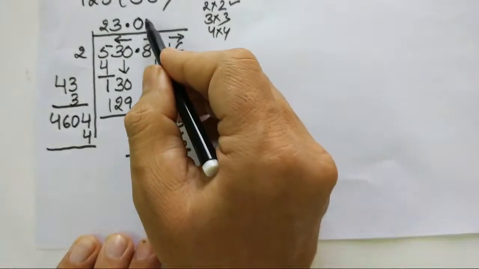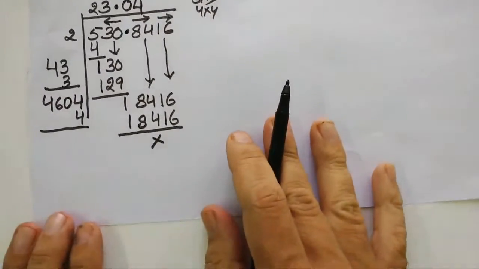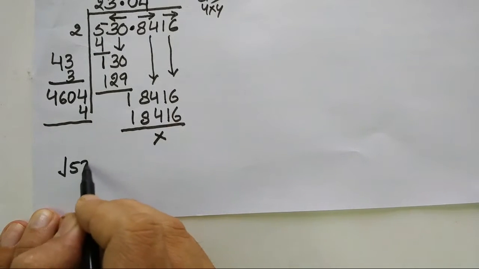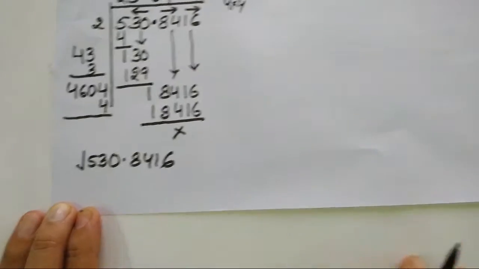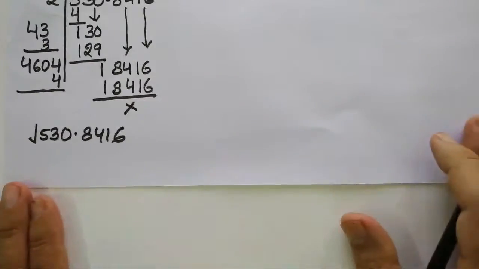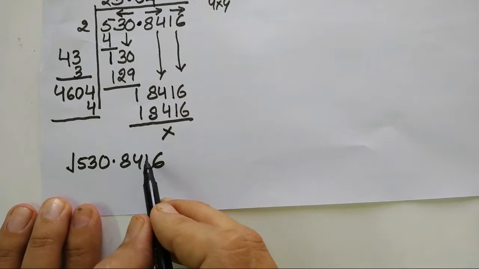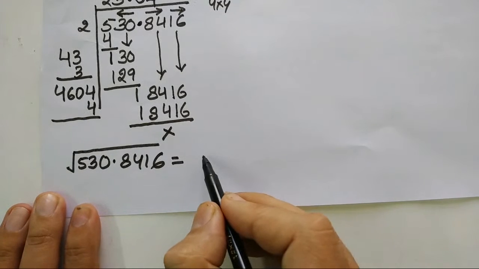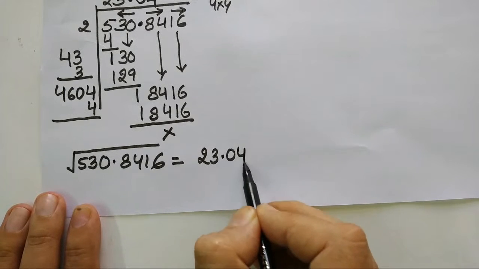Since there is no remainder in this case, the square root of the number is written like this. Square root of 530.8416, we write the sign, and the answer is 23.04.